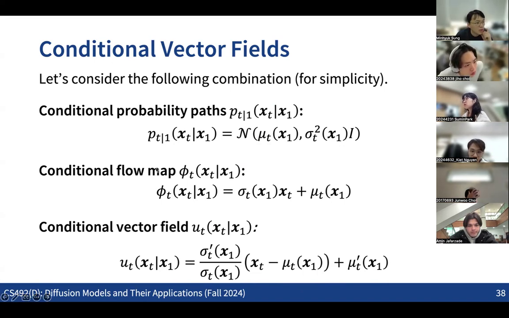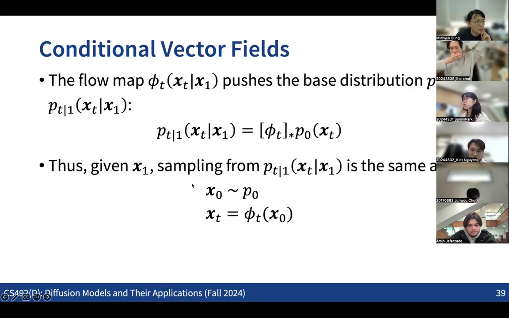So here, one thing is: given this flow map, what can we do? This flow map is the mapping from the given base distribution to this specific conditional distribution. As we have seen in the previous slide about the push-forward operator, if we want to sample from this conditional distribution, we can consider this flow map as defining the push-forward operator like this.